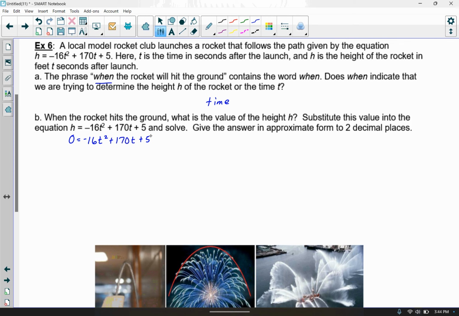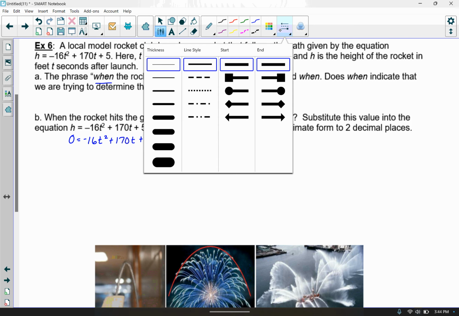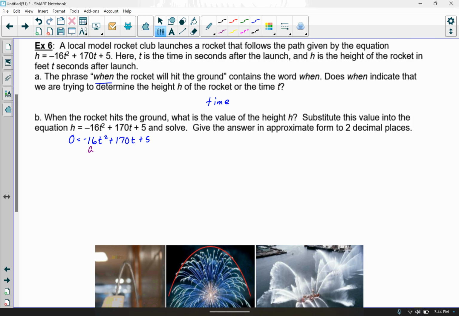I'm going to go ahead and still use my quadratic formula, because I got some really big numbers here. So remember your A, your B, and your C. So opposite B, so a negative 170 plus or minus square root B squared minus 4 times A times C all over 2 times A. All right, I'm going to keep going.